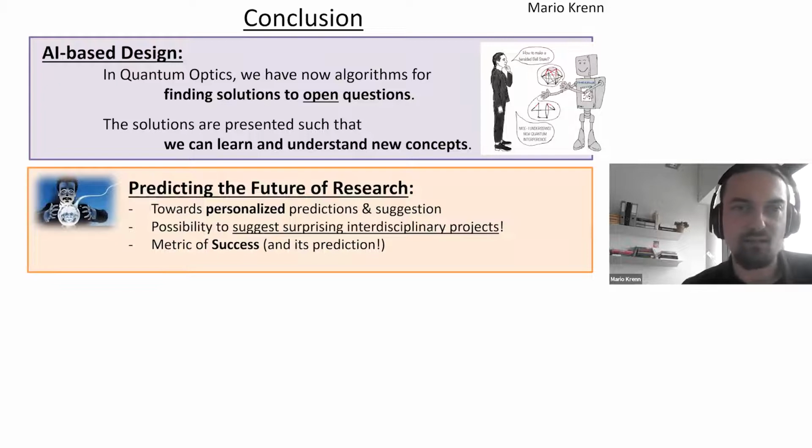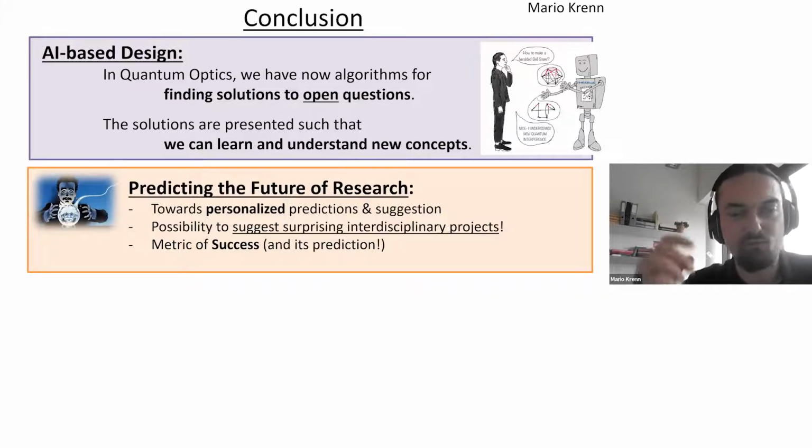In the second part, I've shown you that we can actually predict in some way some part of what researchers will do in the future. And we can use this to create personalized predictions and also suggestions for new research directions that could be potentially useful for things like coming up with new interdisciplinary projects.